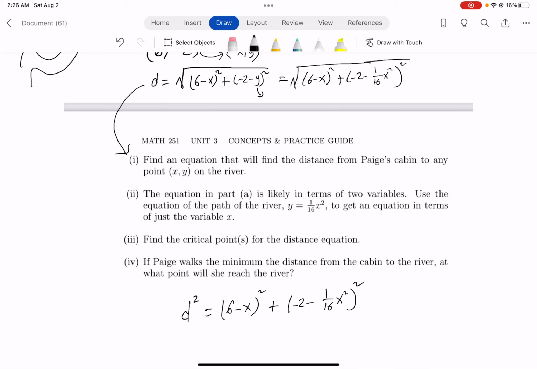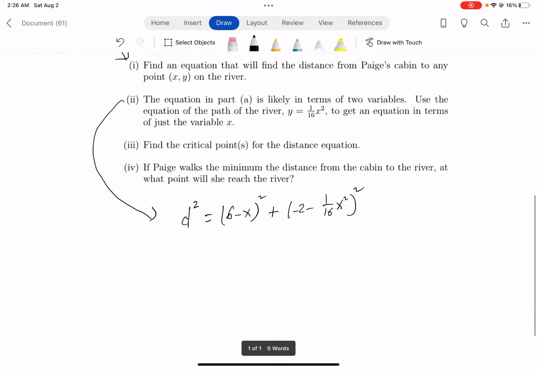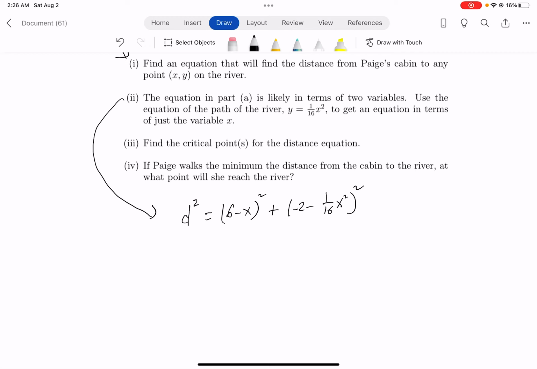And you can see that this one is a function of x. Before it was a function of x and y. Here it's x and x. So this is the solution for number 2. Now, find the critical point. We need to find the derivative to find the critical point.